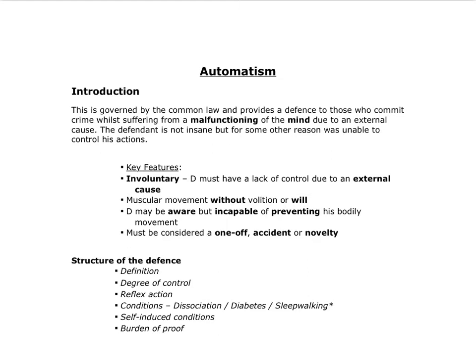So D is not choosing to act as he did, but because of the external cause, he's having to act without will or volition. The defendant may be aware of what is happening, but incapable of preventing his bodily movement. And finally, it must be considered, due to the fact it is an acquittal, a one-off accident or novelty type of event.